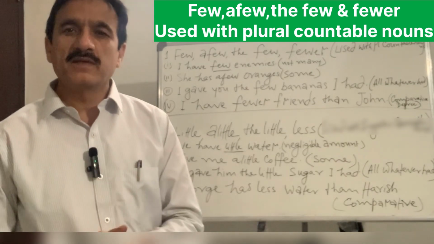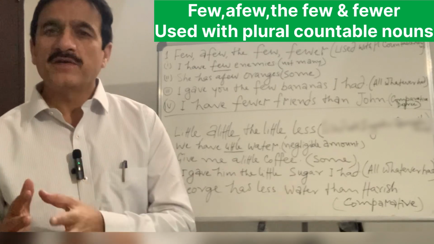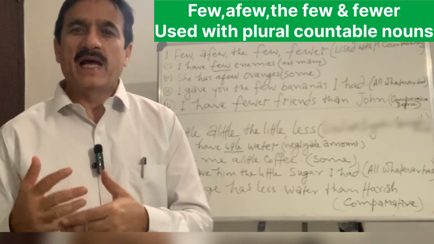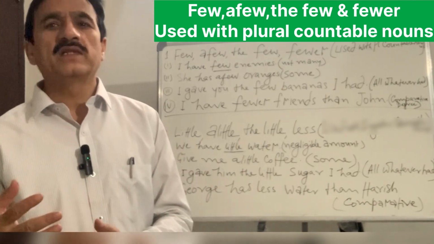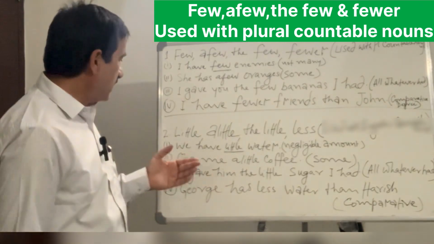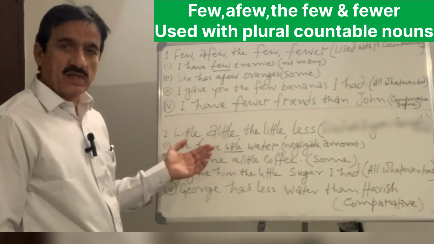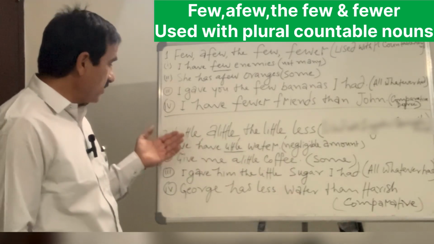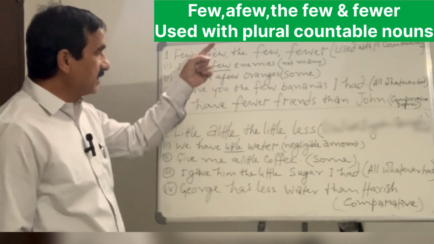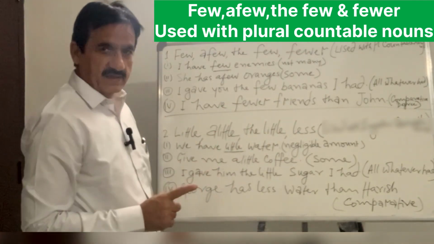All these four adjectives are used with plural countable nouns, whereas their singular uncountable noun counterparts are little, a little, the little, and less.